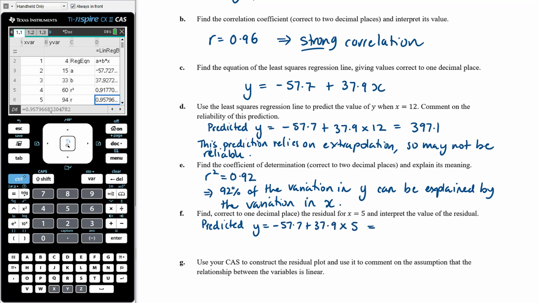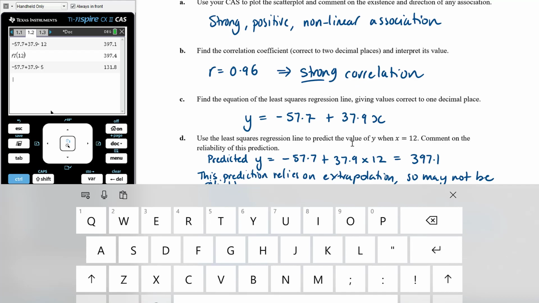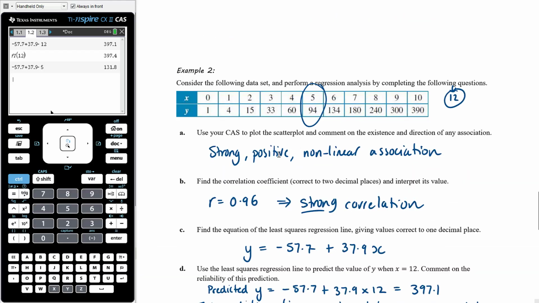Okay, so let me go back to my calculator screen over here. I could retype that in, or I could scroll back up and take this previous calculation where I already used my regression equation and instead make it 5. So my predicted y value is 131.8, which means the residual is the actual, which is 94.